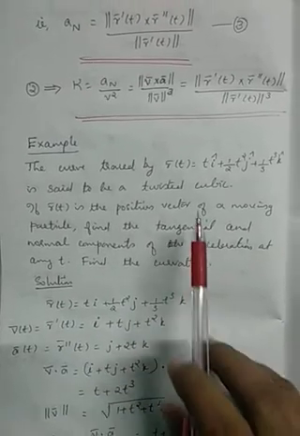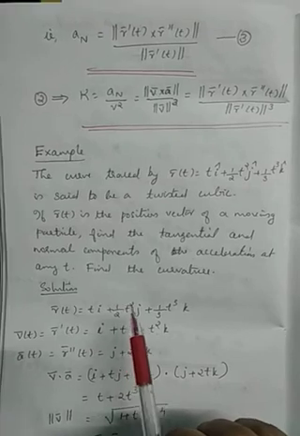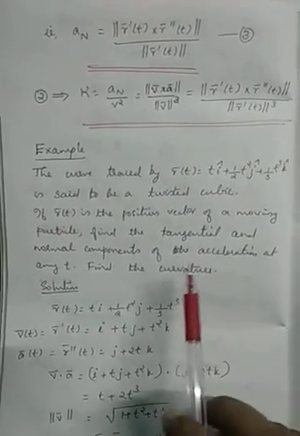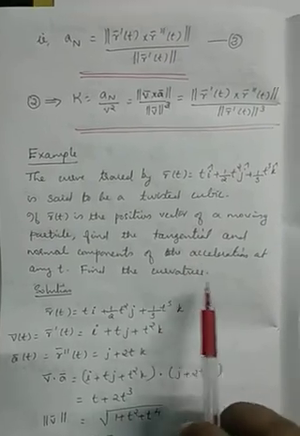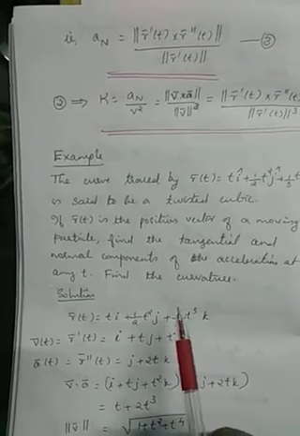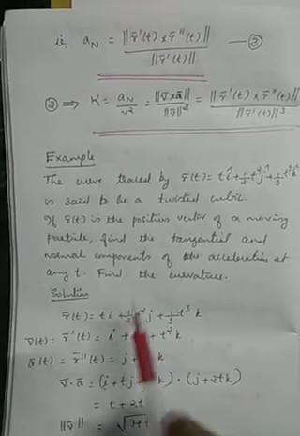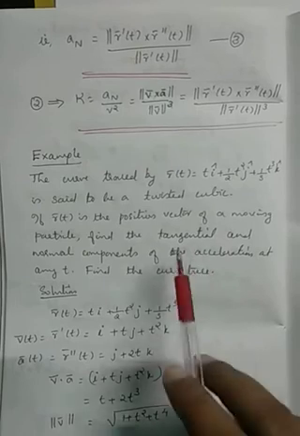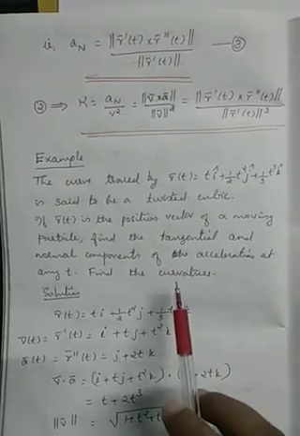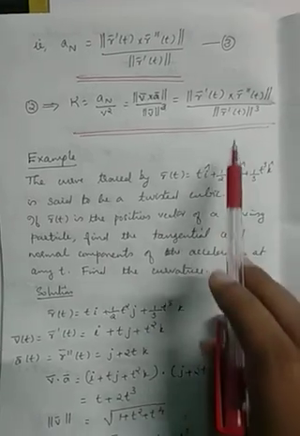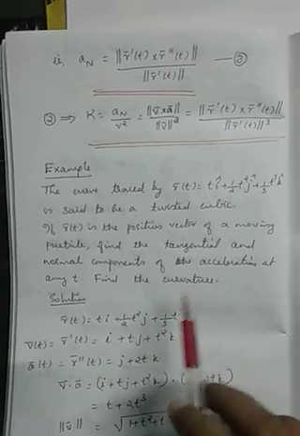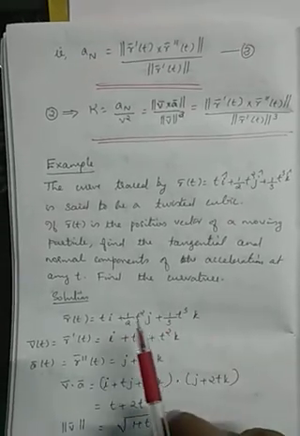So, we are given a vector function R of T. We have to find the tangential component, that is AT, and the normal component, that is AN, at any time t. Also we have to find the curvature kappa. So, we have the formulas to find all these AT, AN and curvature, and all these formulas are defined in terms of R dash of T and R double dash of T. So, we find these derivatives.